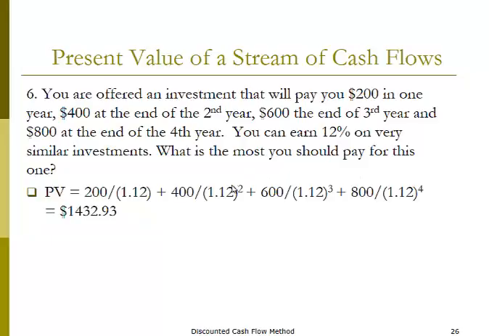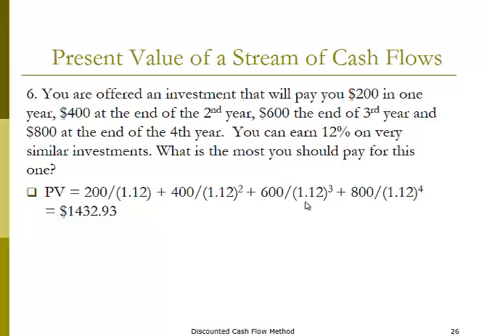So this is a setup, okay? We apply present value equation to each one of the payments. So 200 divided by 1 plus r, since it's only 1 year from now. For the 400, you divide by 1.12 raised to the second.